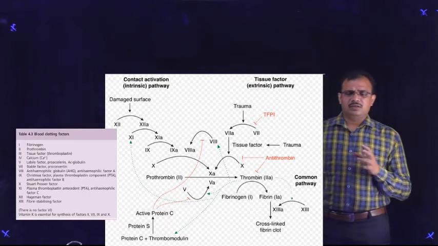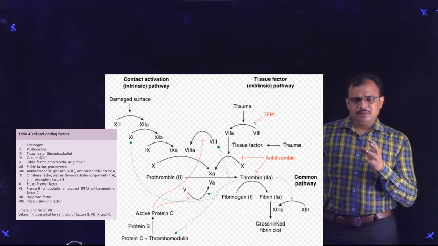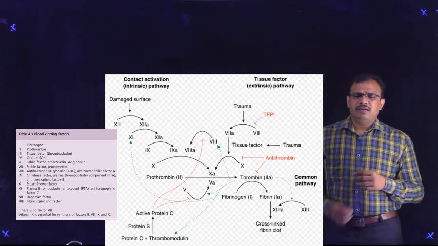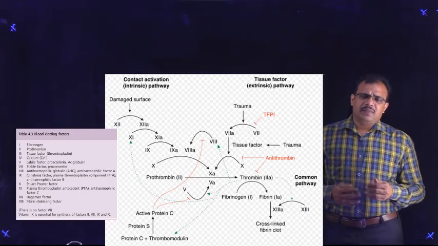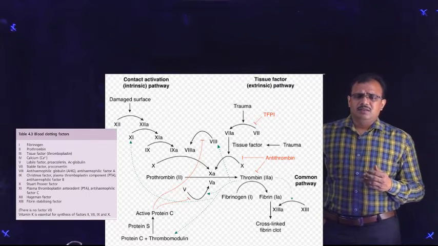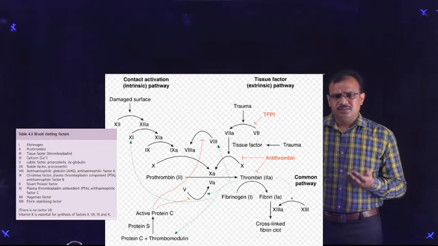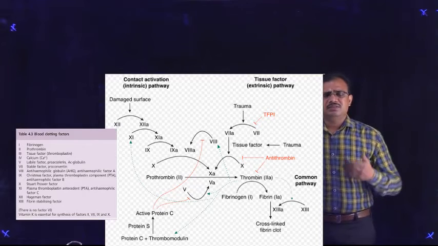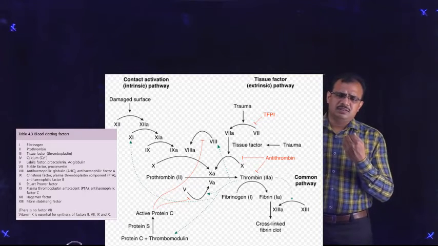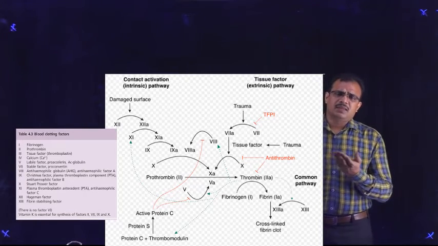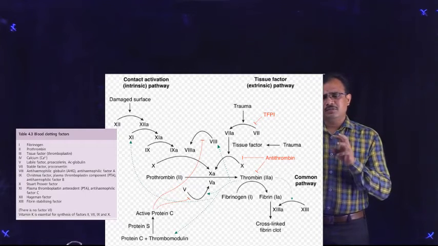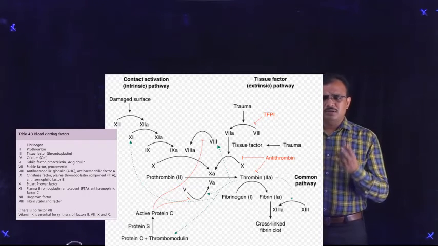So in this way clot forms in the extrinsic pathway, whereas the intrinsic pathway occurs in about 6 minutes, and here it involves more factors.